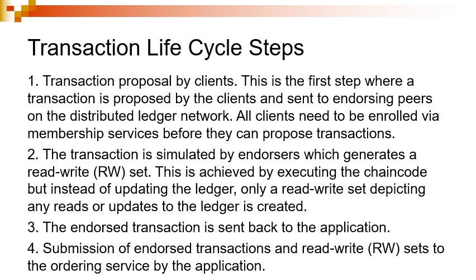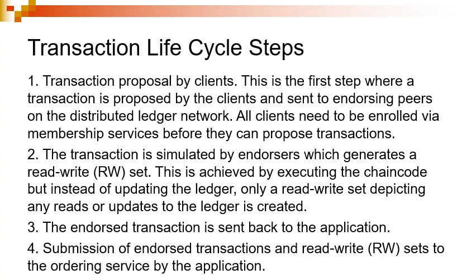So before any client can propose a transaction, that client needs to be authenticated by the membership service provider, which provides an e-certificate to the client, and after providing the e-certificate, that client can join the Hyperledger blockchain.